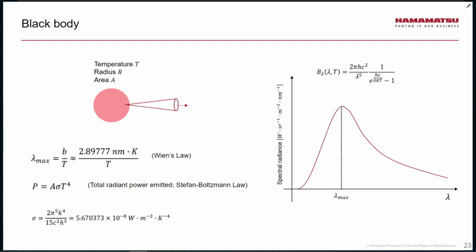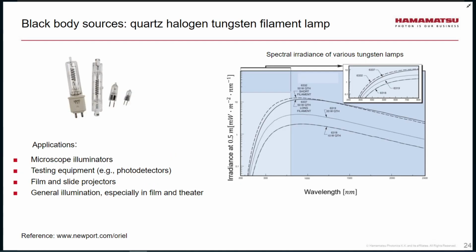If I were to integrate the Planck's distribution over all wavelengths and the area of the black body, I would get the total radiant power emitted, and that is the familiar Stefan-Boltzmann law. Please note that the power emitted is a strong function of temperature, and goes as T to the fourth power.